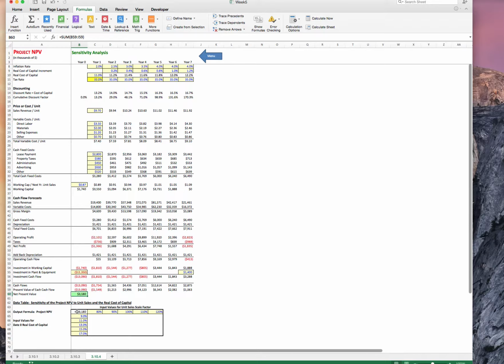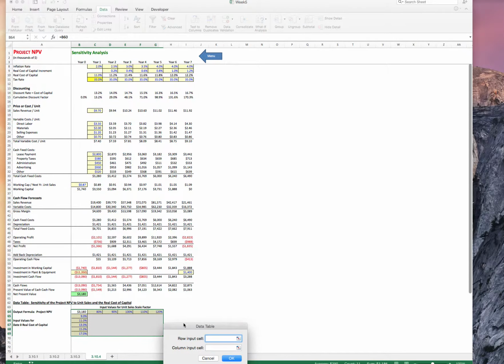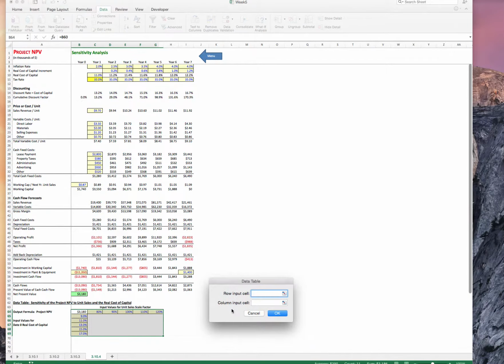And then in order to make the data table, I'm going to select the whole thing and then go to what-if analysis, and then go to data table. Now the row input cell, this is a row, correct?